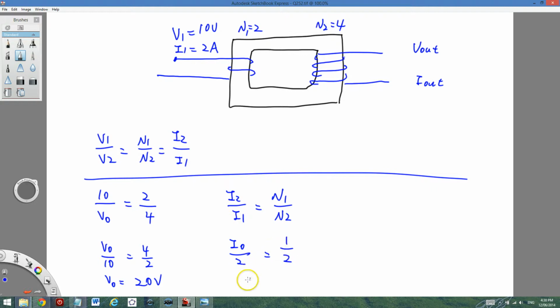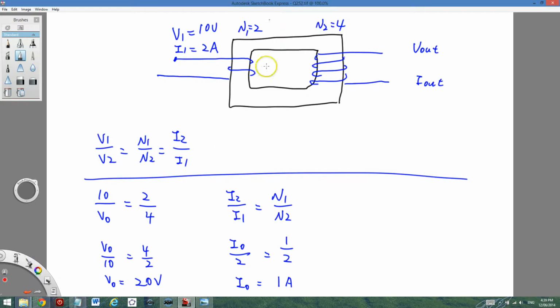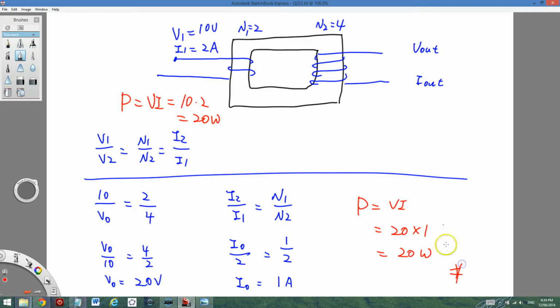If you do that, the current will be 1 amp. Then you can always check your answer. On the left hand side, the power equals VI, which is 10 times 2, which is 20 watts. On the right hand side, power equals VI equals 20 times 1, which is 20 watts. This is a transformer.